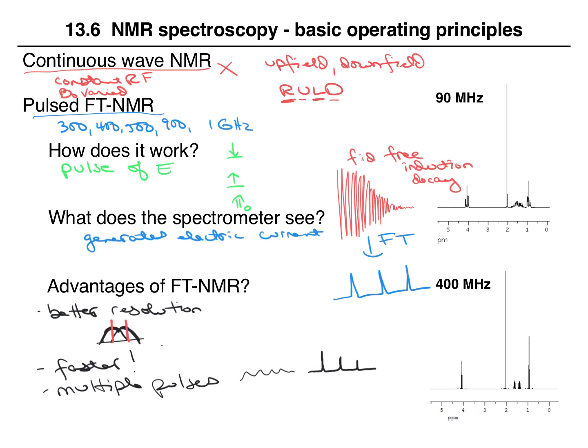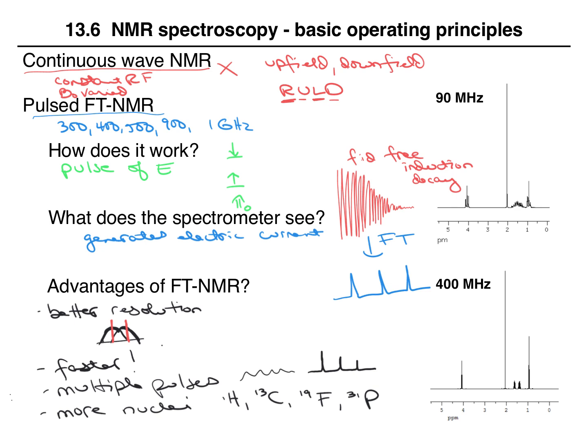And then finally, another big advantage of the FT NMR is that you can use more nuclei. We are not limited to just hydrogens, okay? We're not limited to just H1. We can also use C13, we can do fluorine 19, we can do P31, and many, many other nuclei are possible.